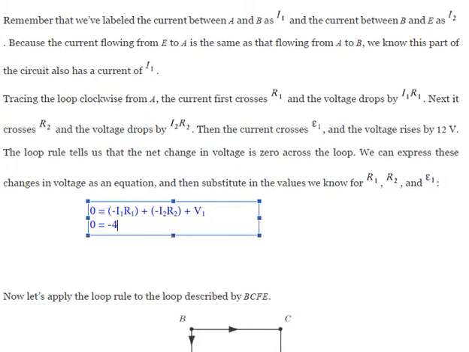So R1 was 4 ohms, so we have minus 4I1, minus R2 was 3, so minus 3I2, plus the potential in that battery was 12.